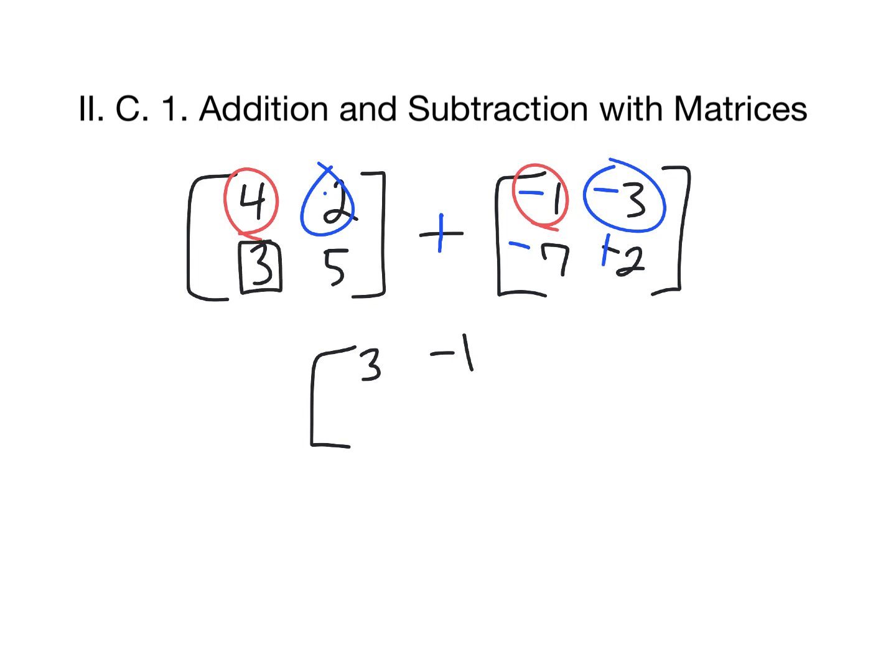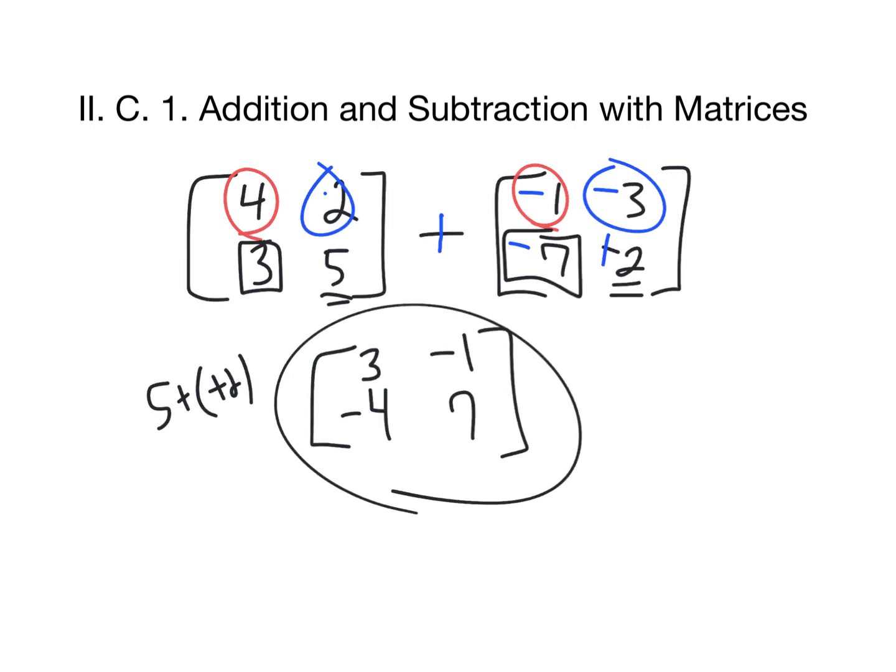Bottom left would have been 3 minus 7, or 3 plus -7 is -4. And then 5 plus 2, or it would have been 5 minus -2, but becomes 5 plus 2 would be 7. Okay, so when you subtract, it would look like that. If it's adding, then it's the same idea, except you don't have to do any sign changes. You just start working it out just like it is.